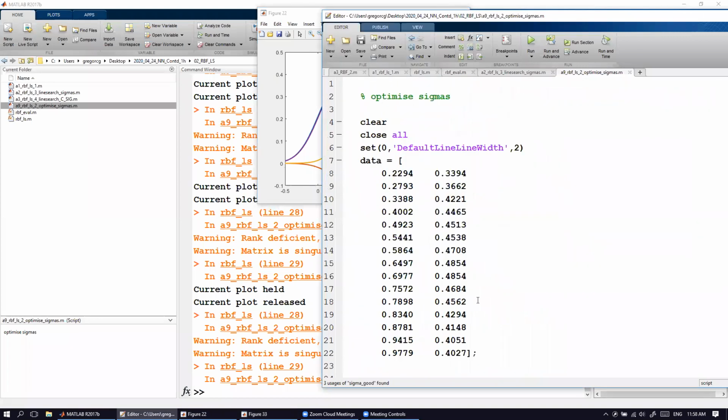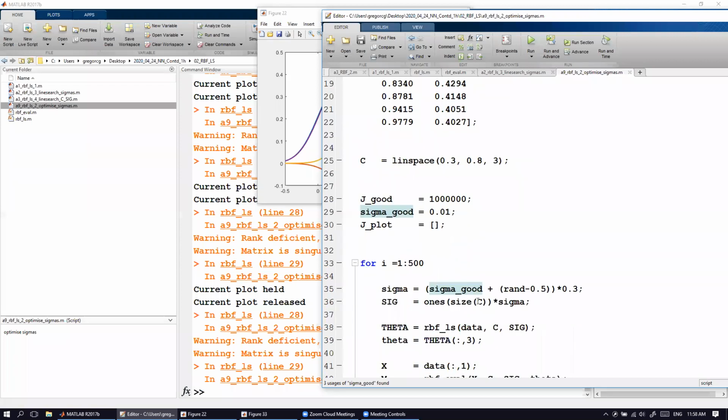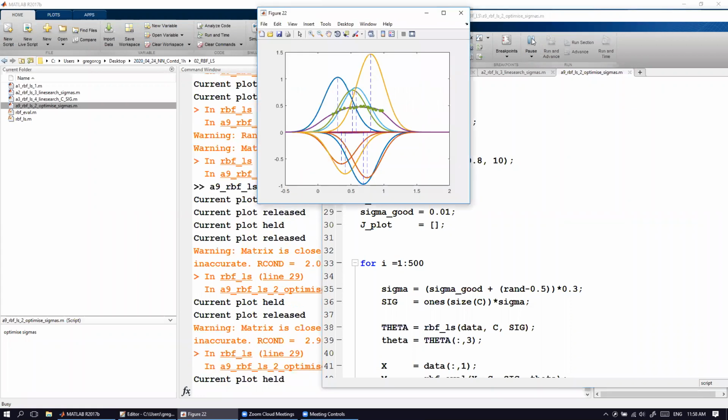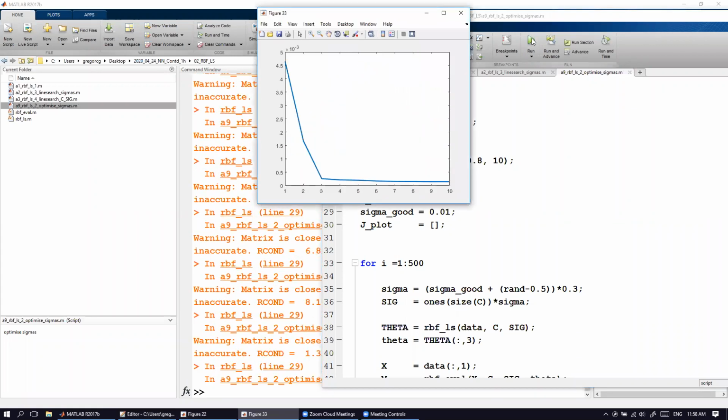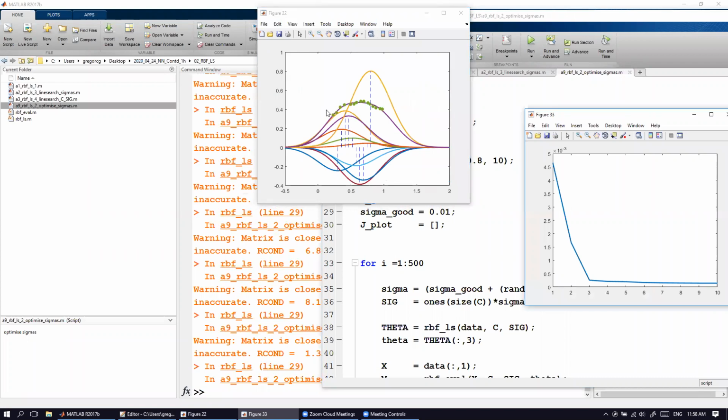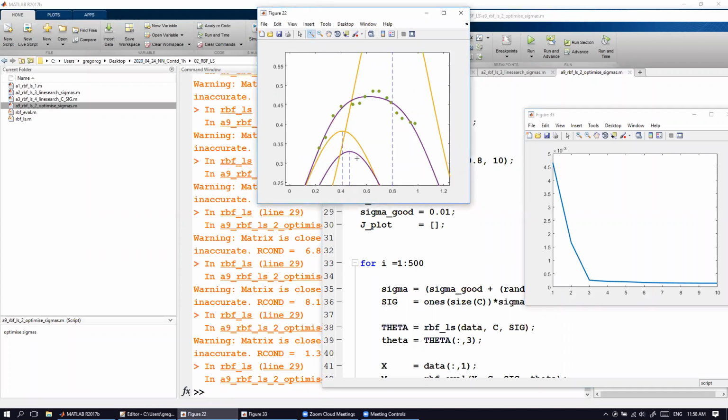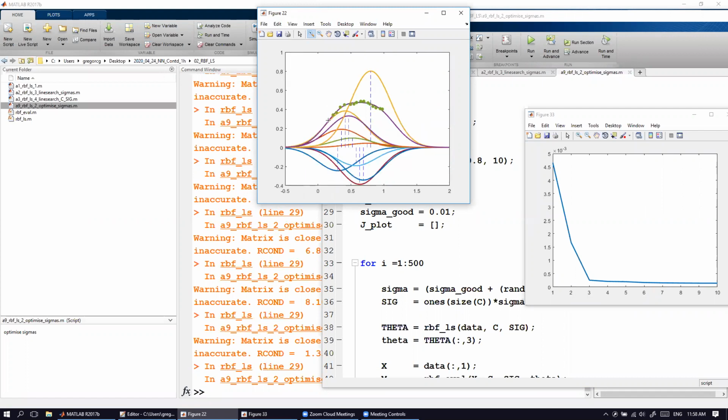But the thing gets really interesting when we choose a large number of centers, let's say 10. So this is now the network, which found the approximation with the optimized sigmas and the weights found by the least squares using a pseudo inverse, and it is quite okay. And we have all the weights in the same region.